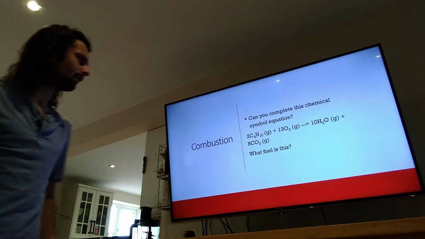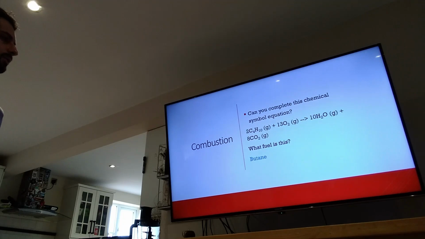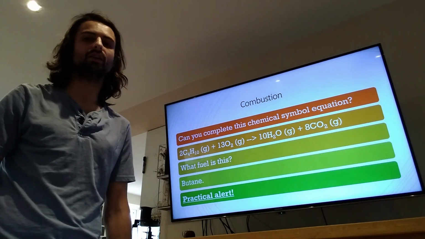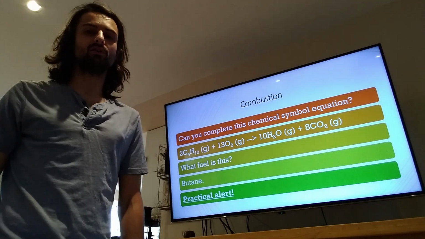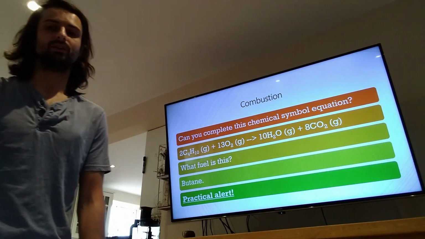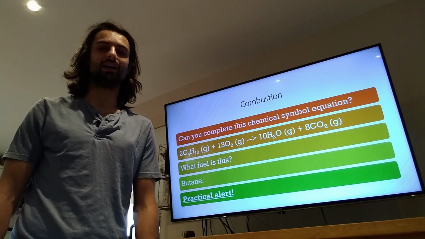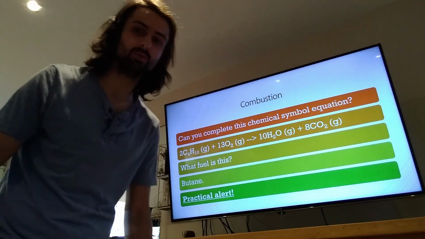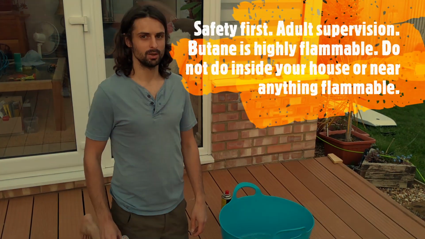What fuel is this alkane with 4 carbon atoms? It is butane. It's the same stuff that you will find in a camping stove, and I'm now going to use it to make some butane bubbles and some fire. Lucky you, Rob. Some butane bubbles.